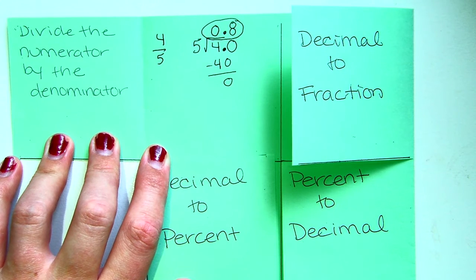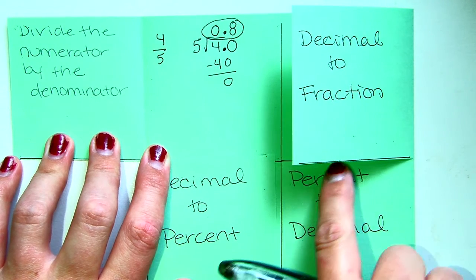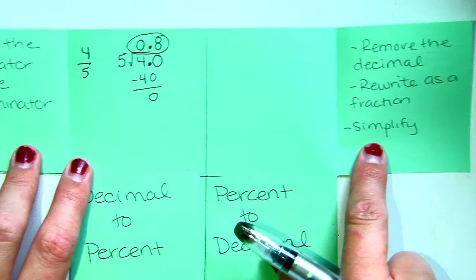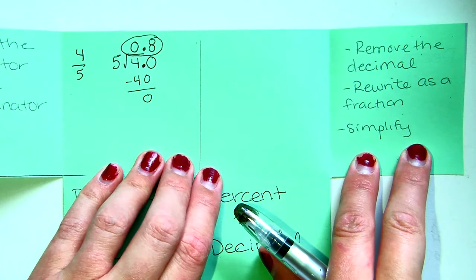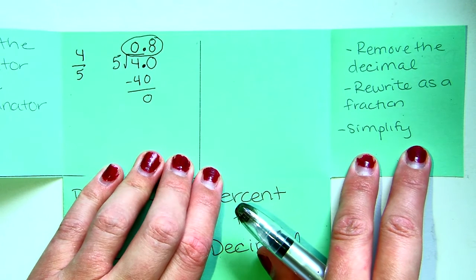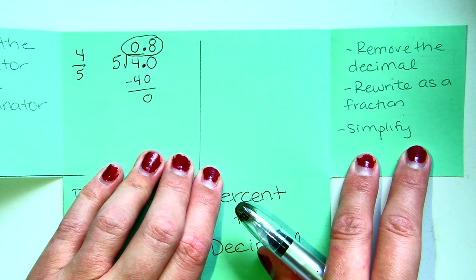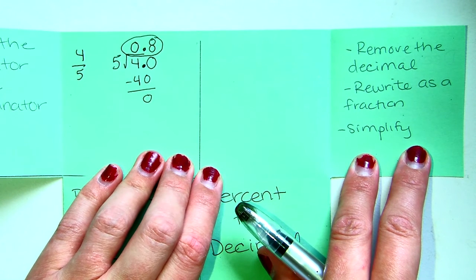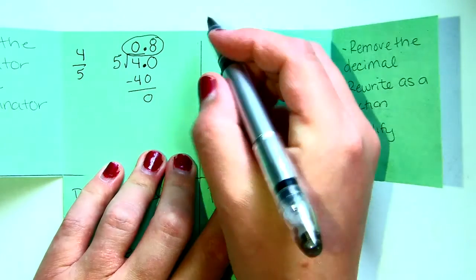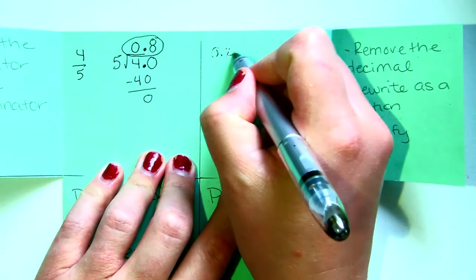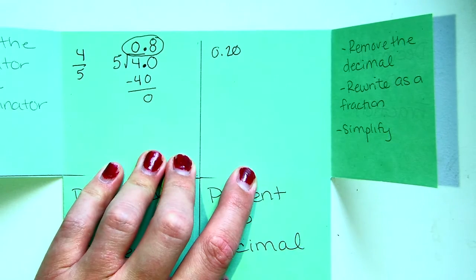Now, the opposite of that, turning a decimal into a fraction, we have a couple of steps. The first one is to remove the decimal. Second step, rewrite as a fraction. Third step, simplify. So let's say we have the decimal 0.20 or 20 cents, okay?